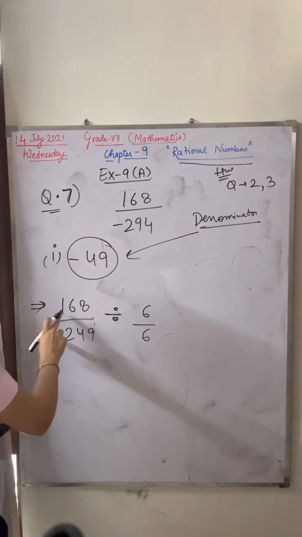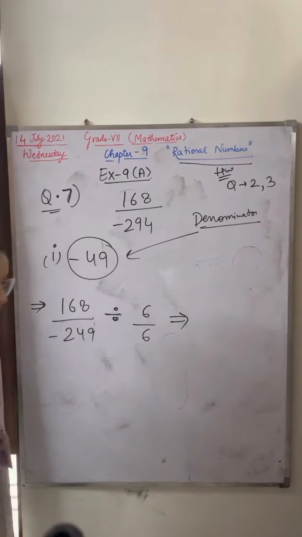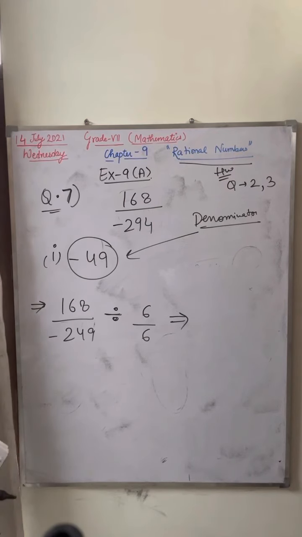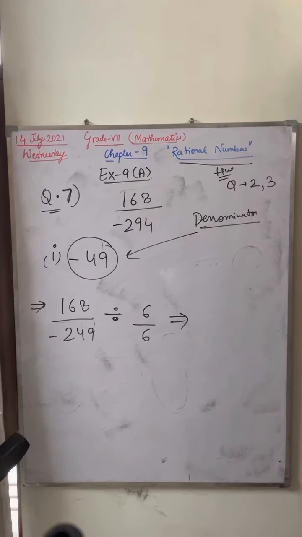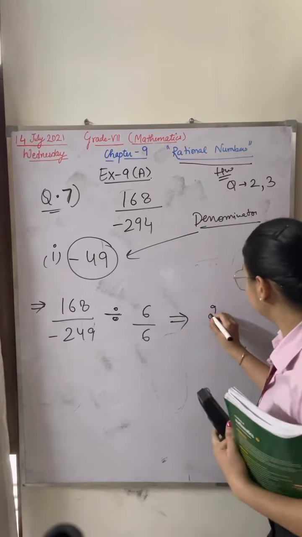So what will I get? 168 divided by 6. Please tell me, how much will you get? 168 divided by 6. Please do it quickly. Yes, 28.